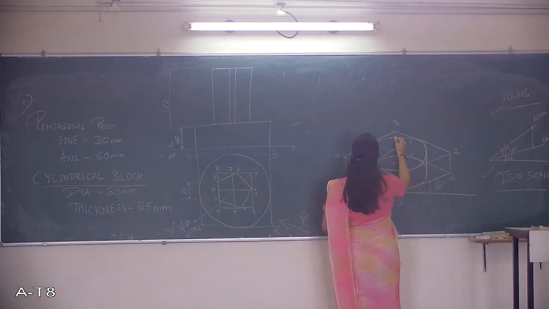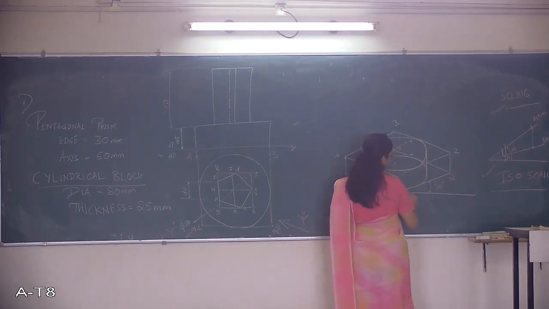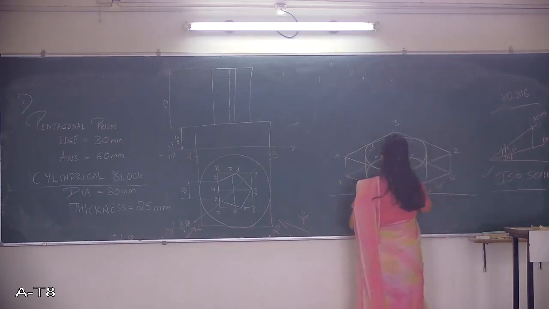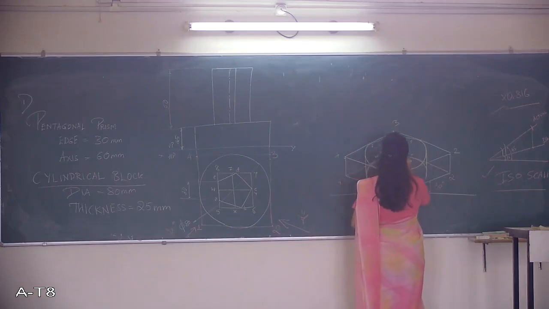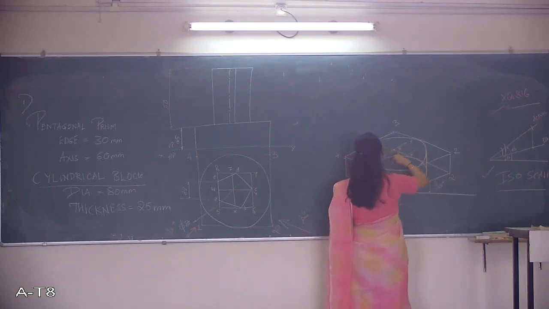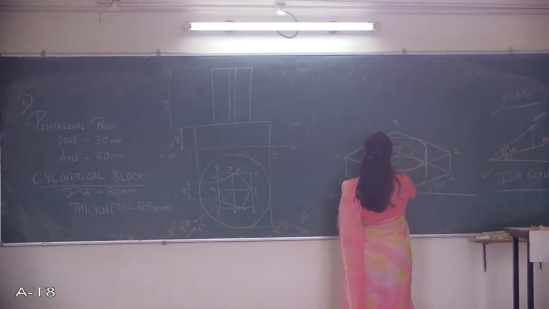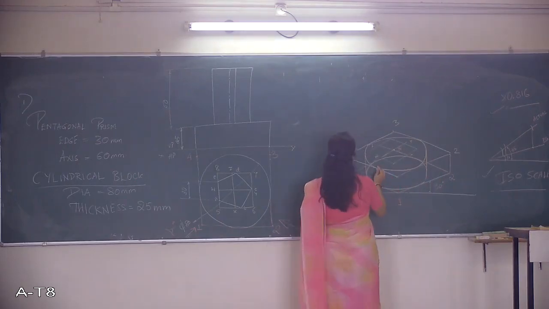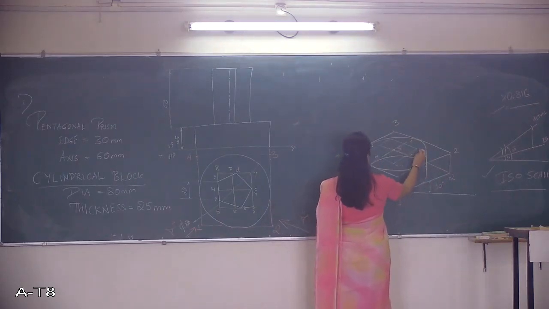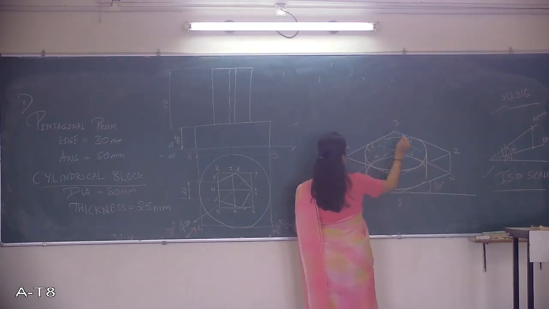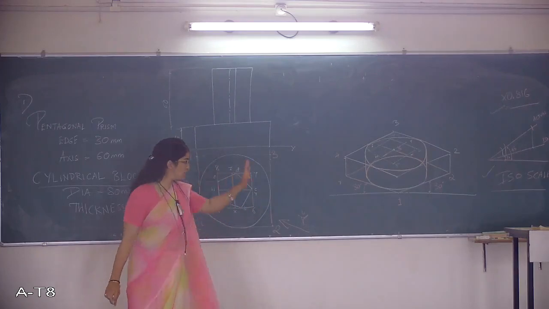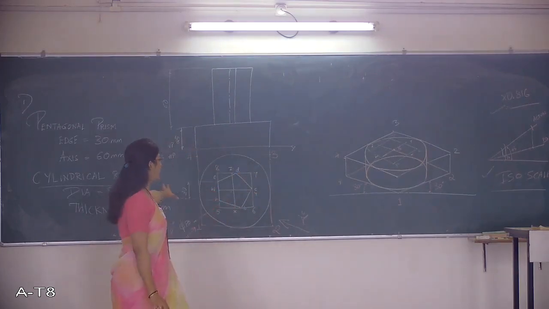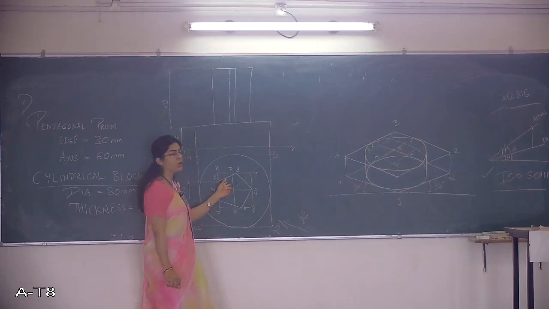So having done this, you will get a square here, such that this is 5, 6, 7 and 8. So this is the bottom. This construction is basically done in order to get the bottom of this pentagonal prism.